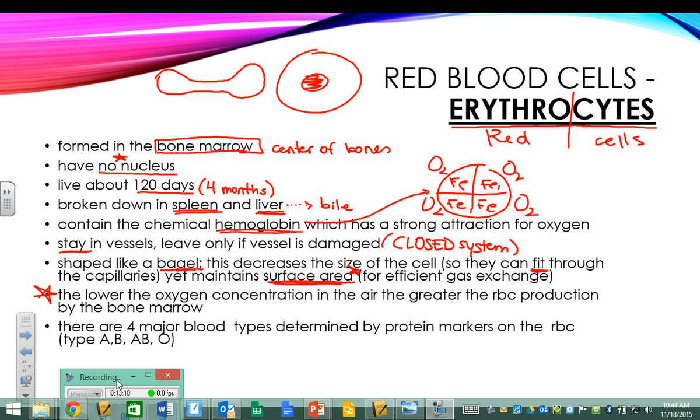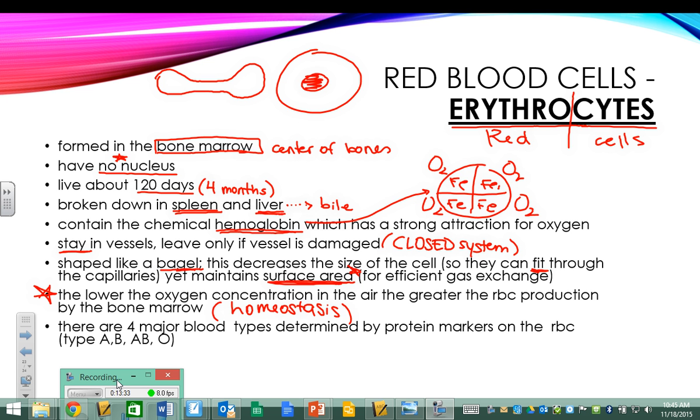Now this next point here is one that some people use to their advantage. If there is lower oxygen concentration in the air, your body responds. So I'm just going to put my old friend homeostasis down there.